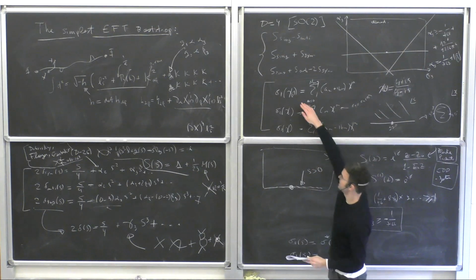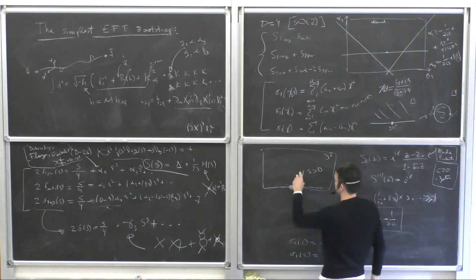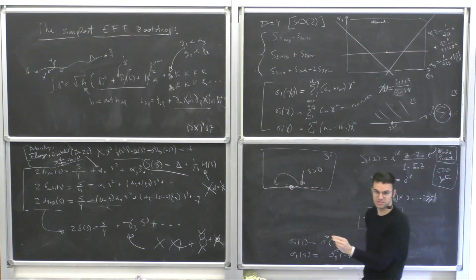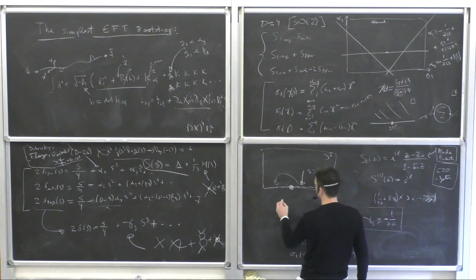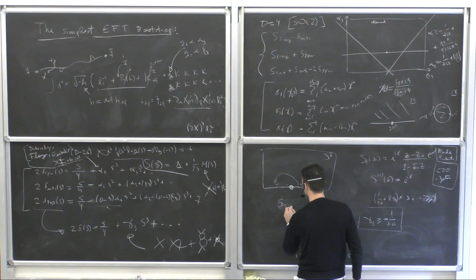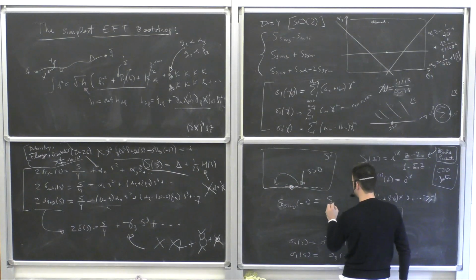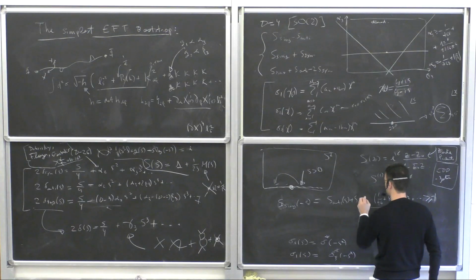Whereas it is a linear combination of these functions here. But on the other side of the cut, okay, it's not bounded directly by unitarity, but it's going to be some linear combination. Let me make an example. So S singlet of minus s, let's say on this side here, it's going to be S anti of s, S symmetric of s.